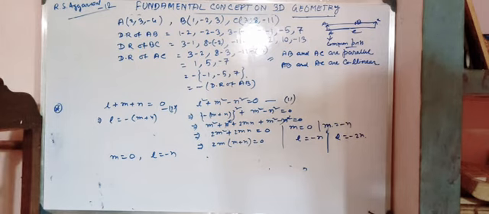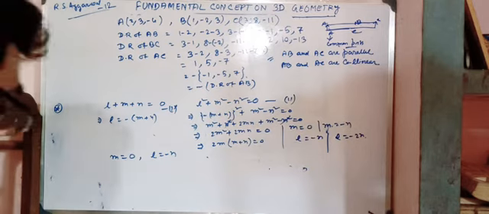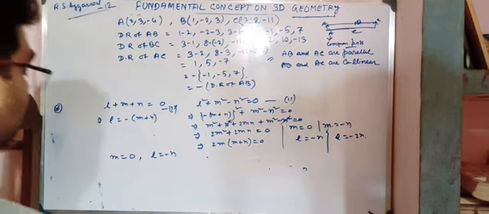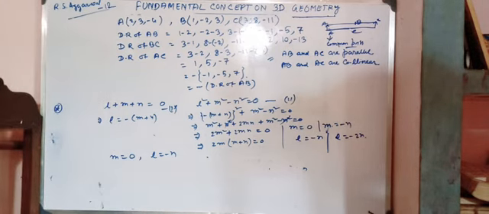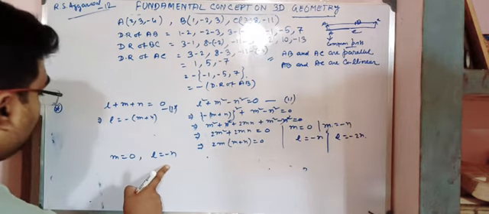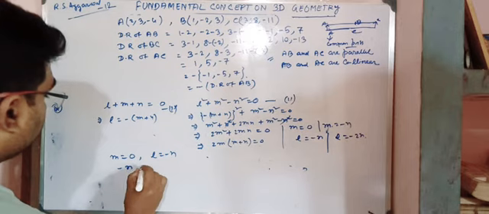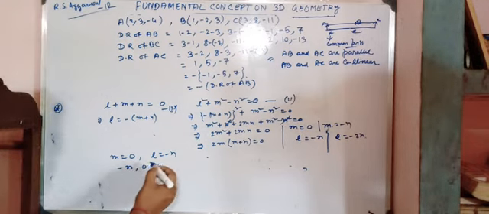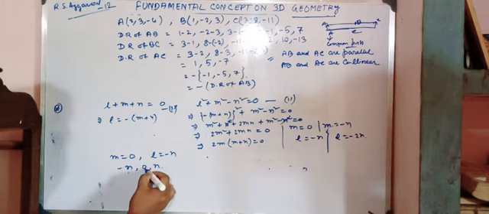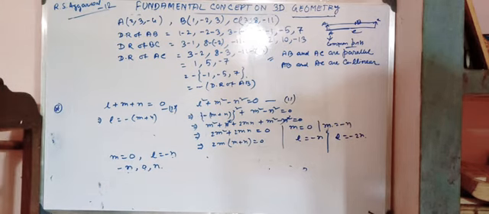Then the direction ratio in terms of n should be how much? -n, 0 and n. We are calculating that in terms of n. That is, my value of l = -n, m = 0 and n = n. So this is the direction ratio.